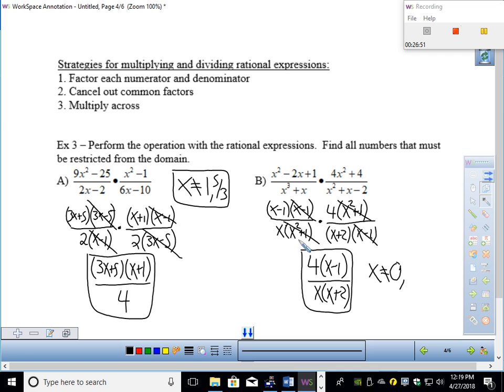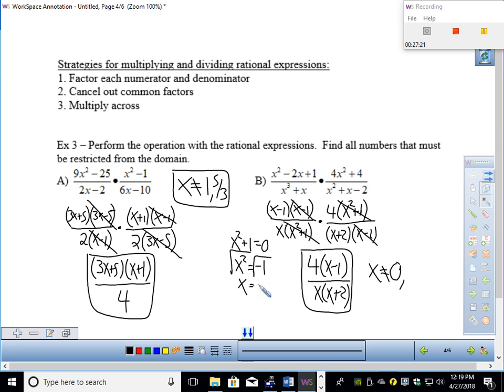This is an interesting one here, and I'm just going to do this more quickly off to the side. I promise I'll be quick on this. But you are kind of asking yourself, what would make that factor 0? Because I would have to exclude it. And if I solved for x here, I would get x squared equals negative 1, and then I would square root both sides. But when I do the square root of negative 1, is there any real number that we're going to get as an answer?